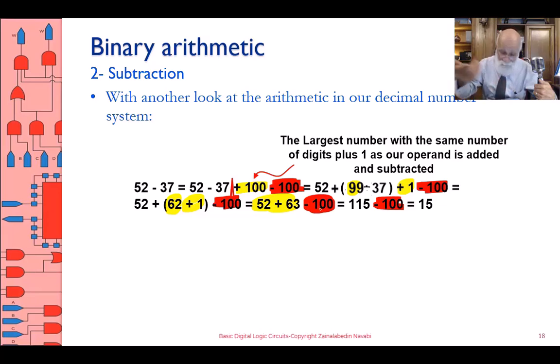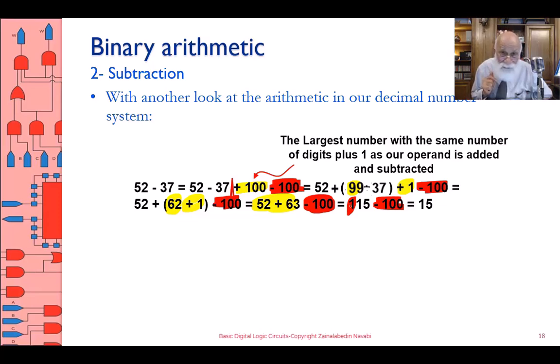Actually, that compensates for that minus 100. And therefore, if I just ignore that 1 at the end, it's as if I'm subtracting from 100. And I'm not going to take that 100 very seriously. And at the end, I just drop the last one to the left.